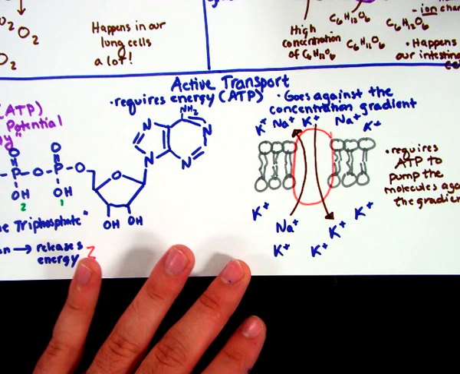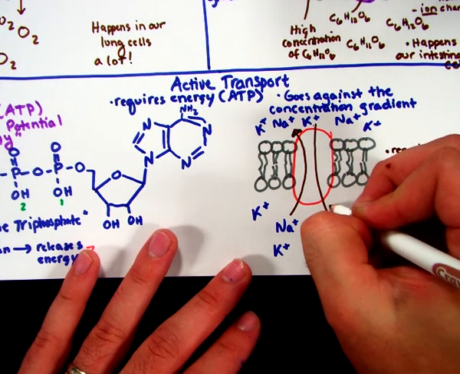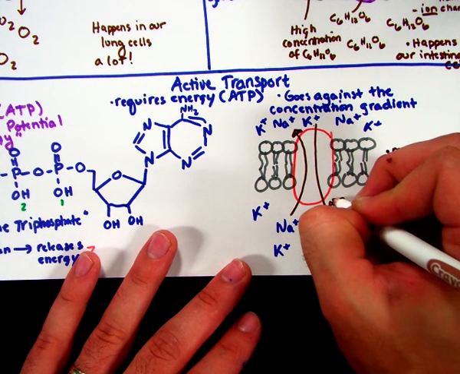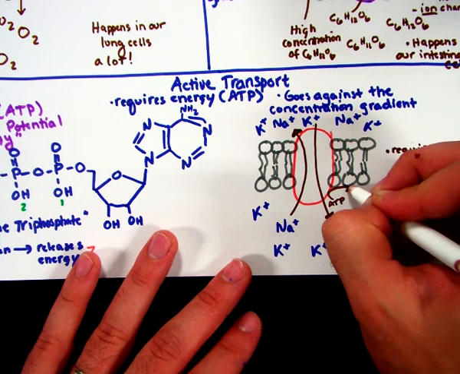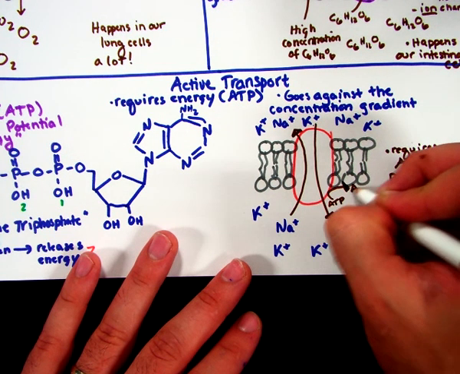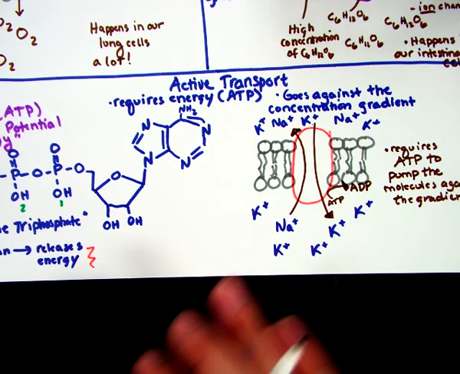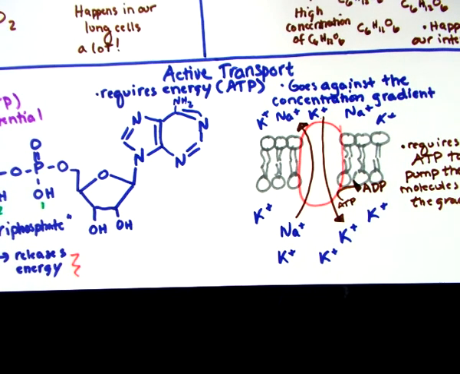In the way that we usually represent that, ATP becomes ADP. What do you think ADP stands for? Right, adenosine diphosphate, because you've lost that third phosphate, right? So that process releases energy, allowing you to pump the ions across the gradient.